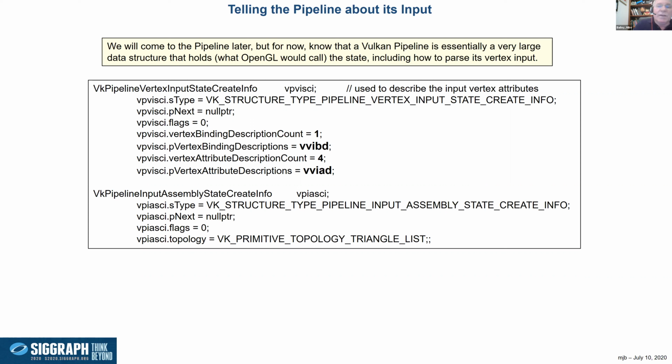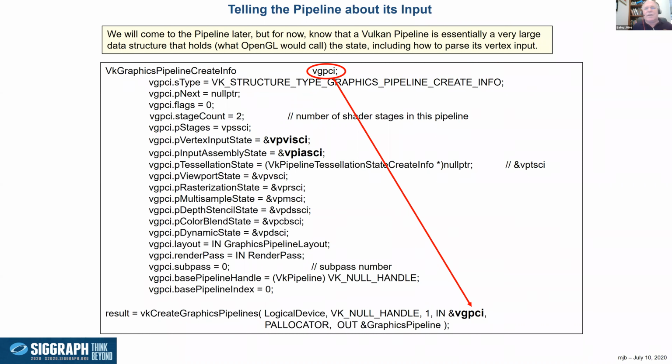But again, here's how we tell it about those 4 elements in the array. Here's how we tell it about binding the vertex descriptions. I don't want to discuss this now because we're going to do it in more detail in the pipeline data structure, but I think it's worthwhile to say, if I'm drawing in this way, how am I going to tell Vulcan what I'm doing? Well, here's how.